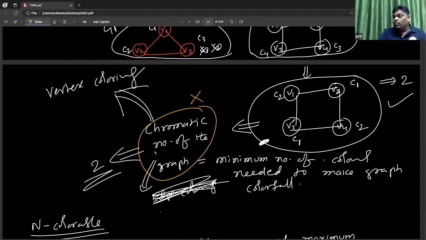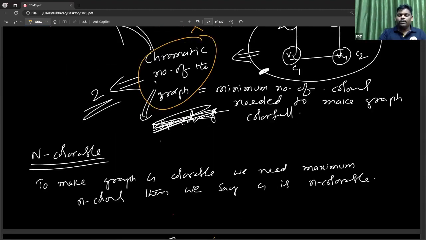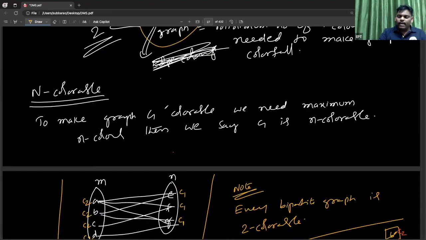The minimum number of colors you use to make the graph colorable is called the chromatic number. A graph is n colorable means that to make the graph colorable, a maximum of n colors is required.